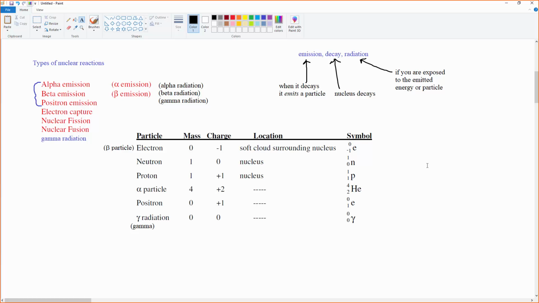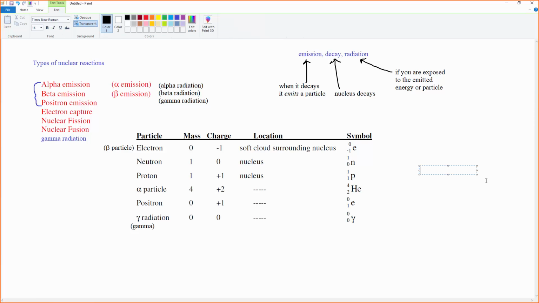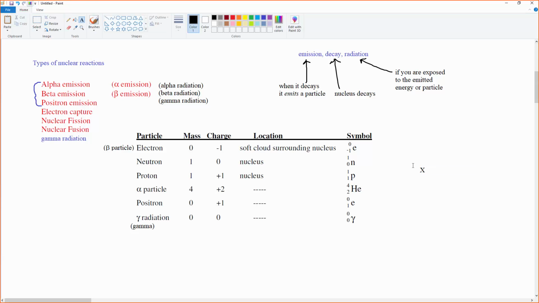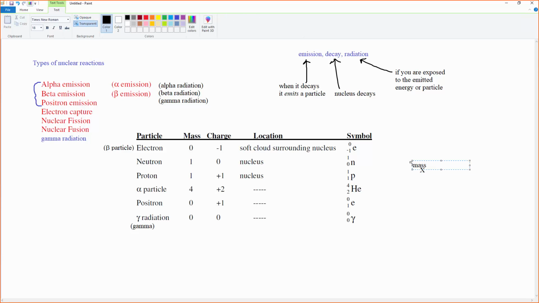And we're going to use these symbols to express them. Remember, for each of these symbols, we're going to have the mass in the upper left-hand corner, and in the lower left-hand corner, traditionally, that's where we put the number of protons. Since we're not necessarily looking at protons anymore, we're going to call it the number of positive charges, like protons, but not necessarily protons.